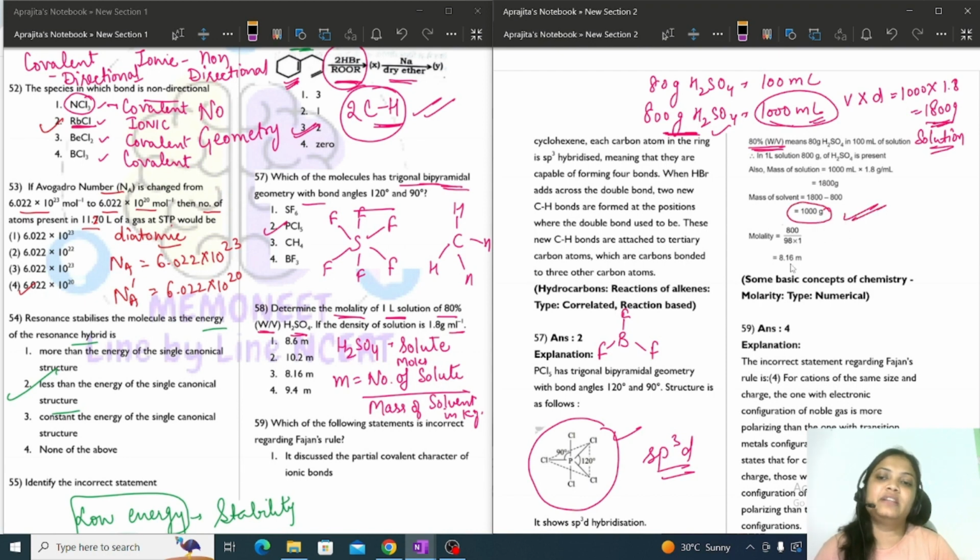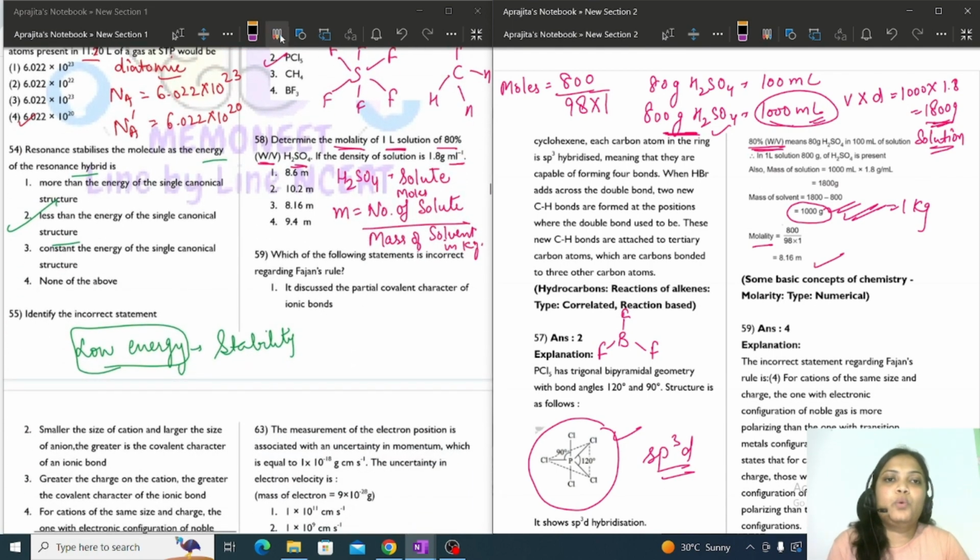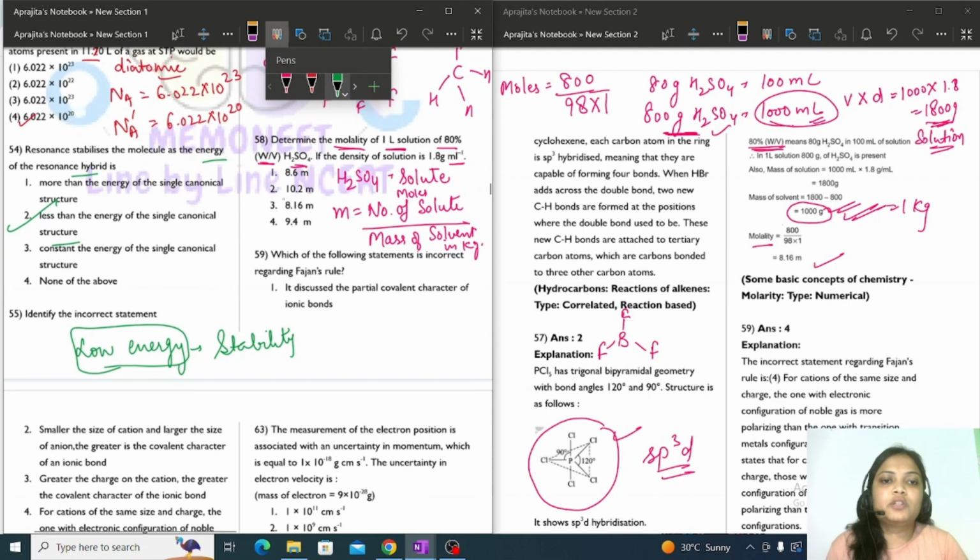Now we can find the molality. Number of moles of solute is given mass, which is 800, and the molar mass of sulfuric acid is 98. So 800 upon 98 and the mass of solvent in kilograms. The mass of solvent is 1000 grams, meaning 1 kilogram. So upon 1. 800 upon 98 will be 8.16 molal. So we can say the answer is option 3.